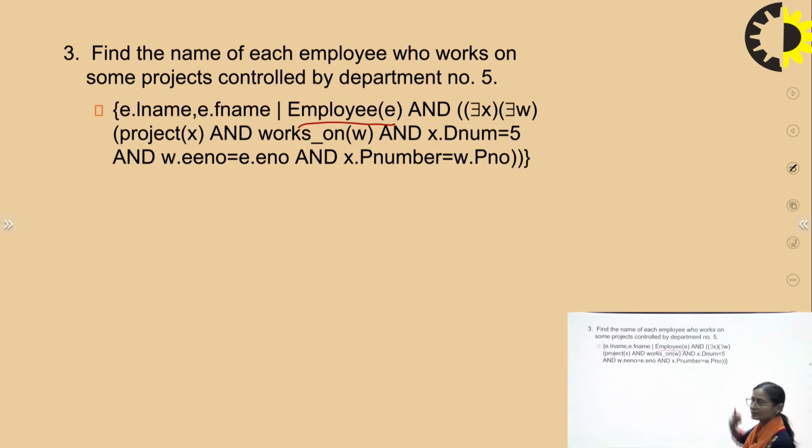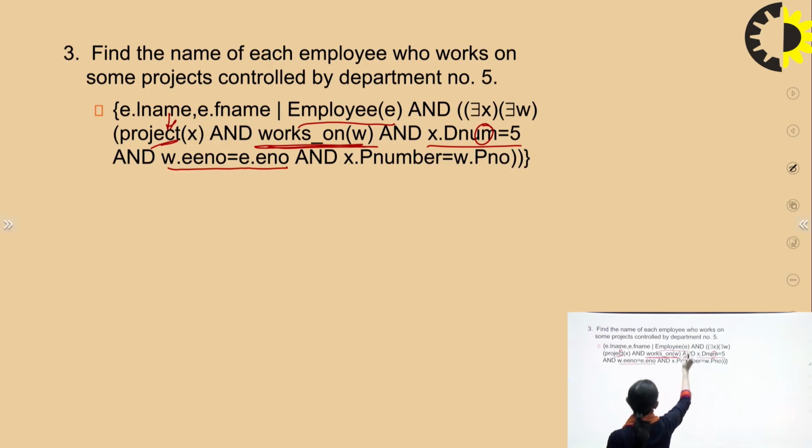And there exists X and there exists W. Now there are two tuples and we have used the existential quantifier such that X is in project, that is one relation, and W is in works on, this is another relation, and X dot D number, that is where D number is coming from, is equal to 5, and W dot employee number is equal to E dot employee number, and the project number of the relation X and W are equal.